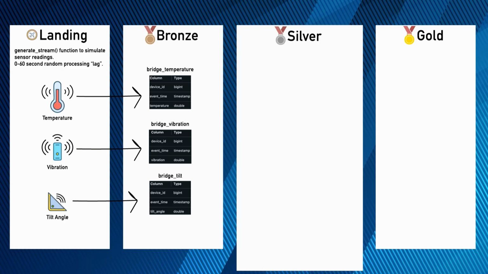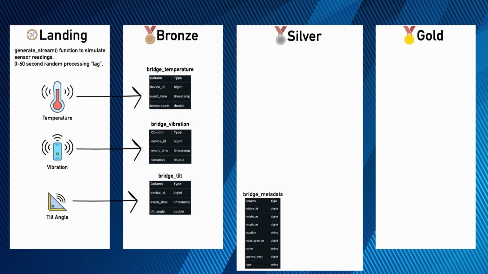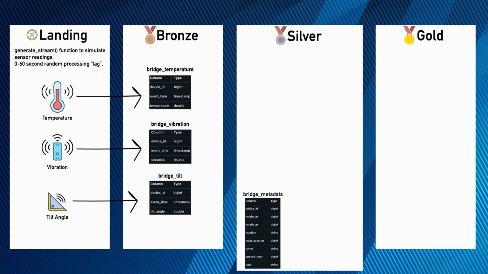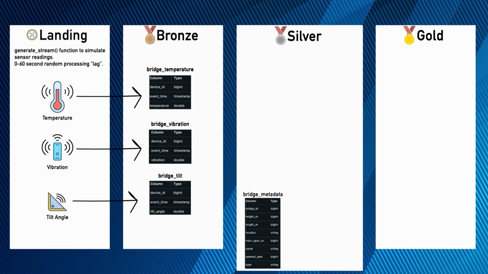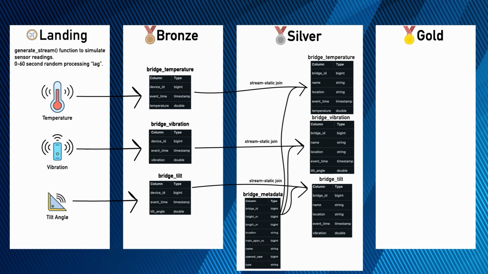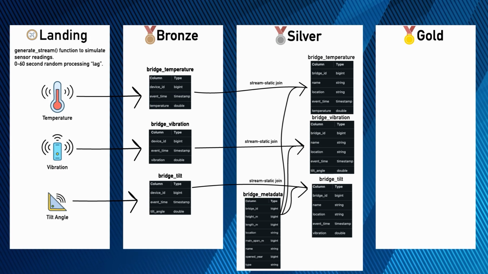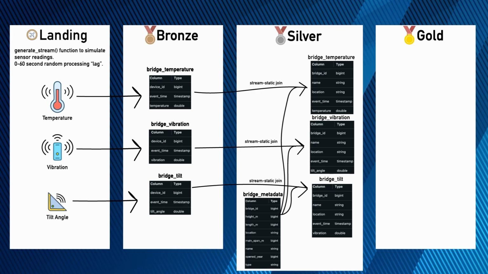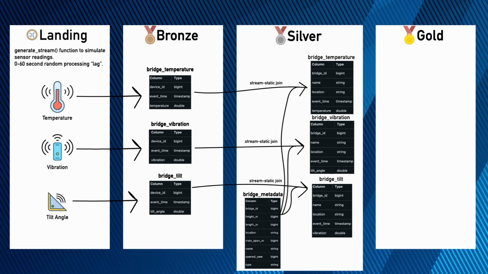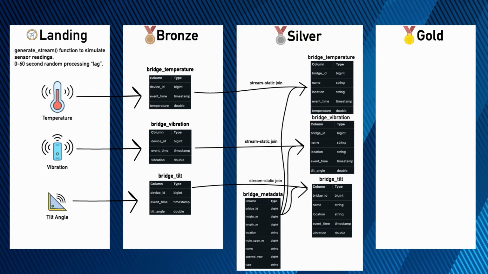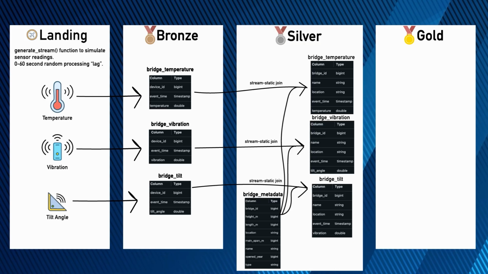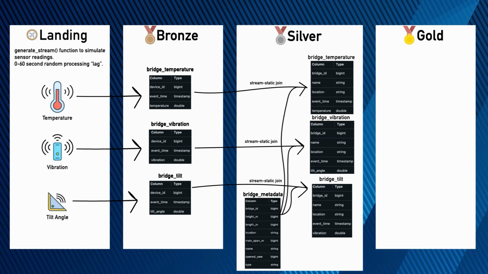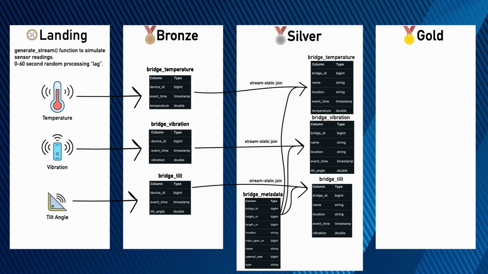In the silver layer, we first materialize a static bridge metadata table, mapping each device ID to its bridge name, location, and other characteristics. Then, for each raw bronze stream, bridge temperature, bridge vibration, and bridge tilt, we define a streaming silver table that applies simple data quality checks via DLT expectations and performs a stream static join against the bridge metadata static table, so each reading in the silver table carries the bridge name and location that it relates to.